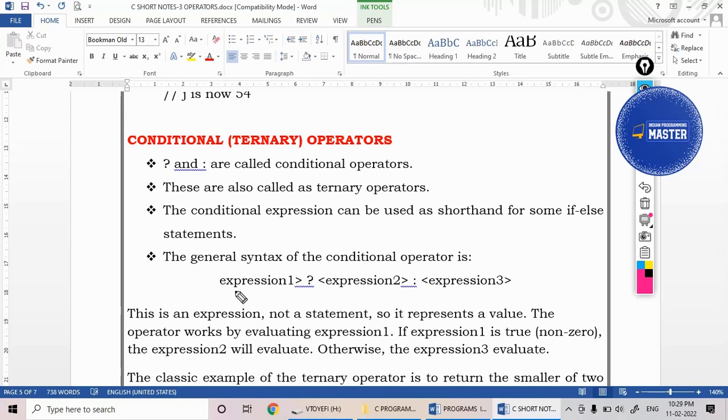This is expression 1, then a question mark, then expression 2, colon, expression 3.